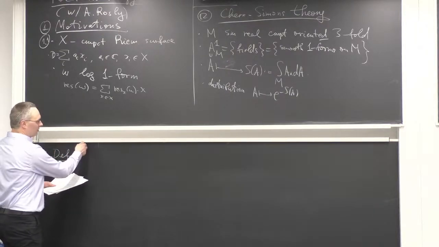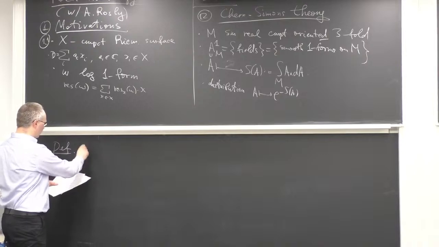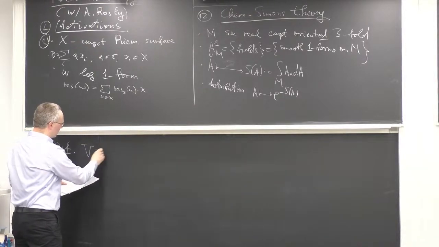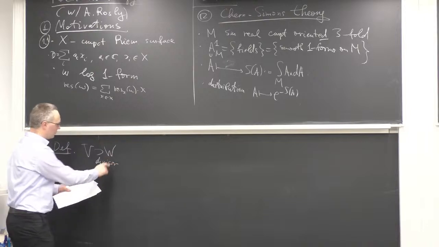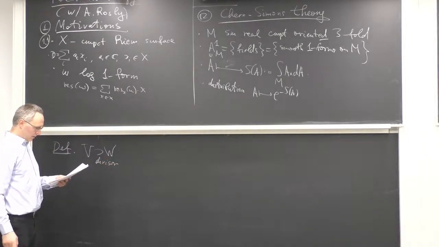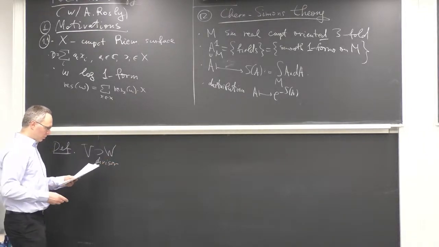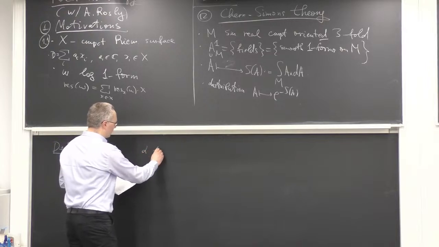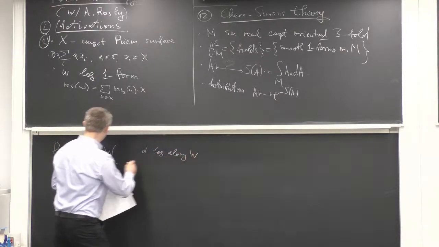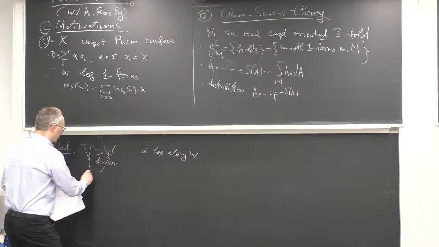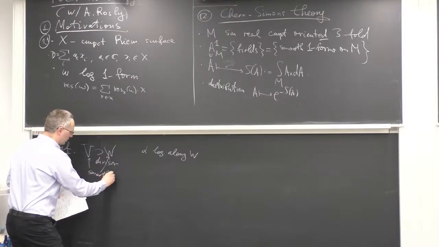So, definition: suppose you have some variety V, abstractly, and you have some divisor, that is a codimension 1 subvariety W. So what does it mean that alpha is logarithmic along W? Assume for simplicity that all of them are smooth, complex.